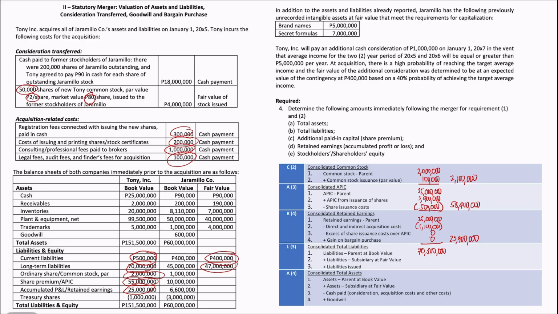That's 47,400,000. And the liabilities issued consists of the estimated liability on contingent consideration, 400,000. Consolidated total liabilities is 118,300,000.